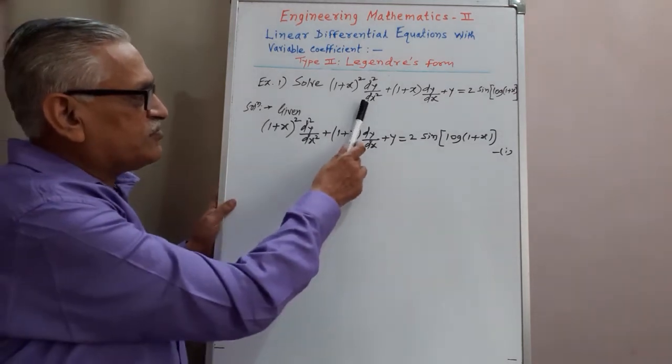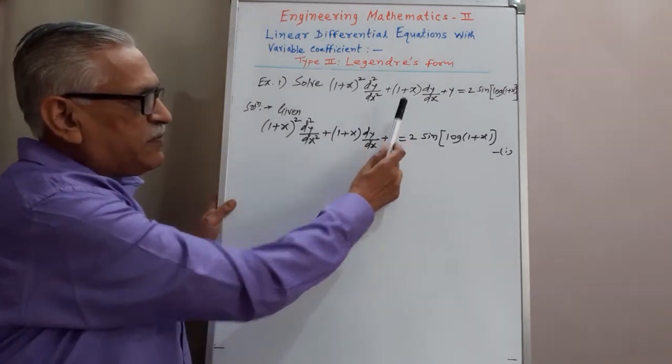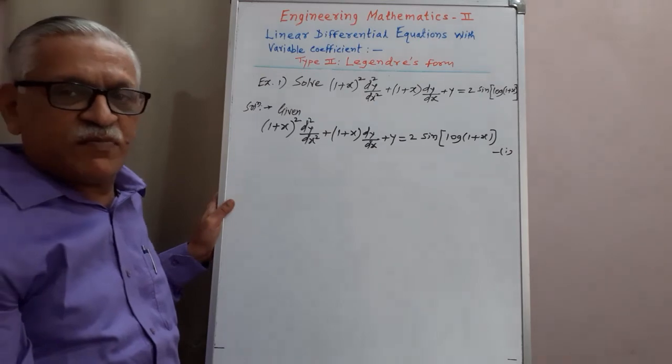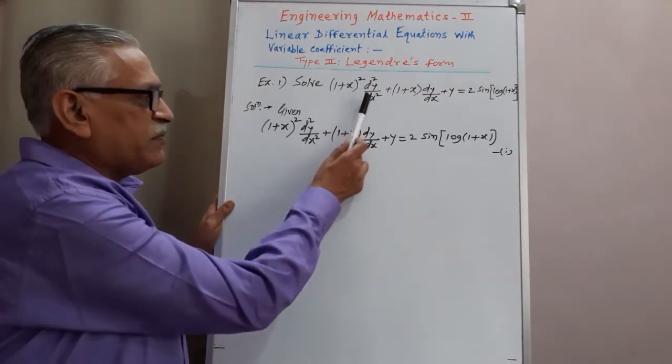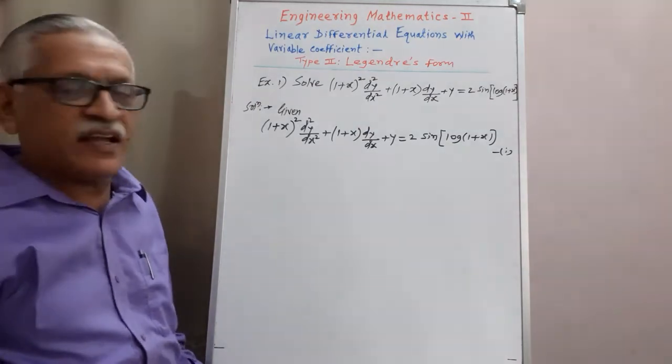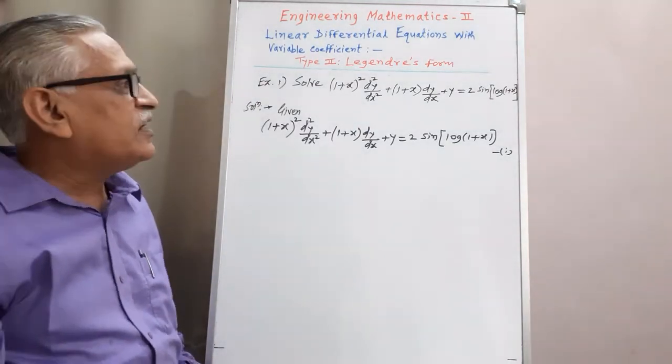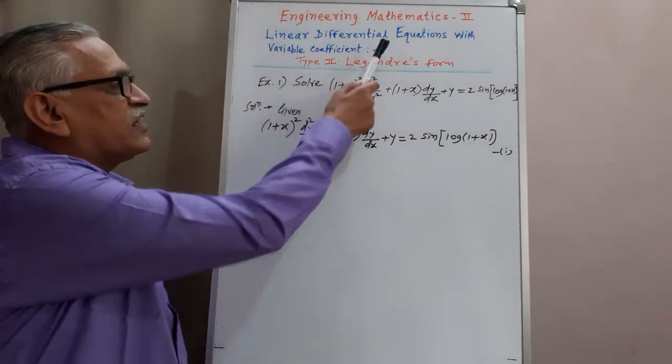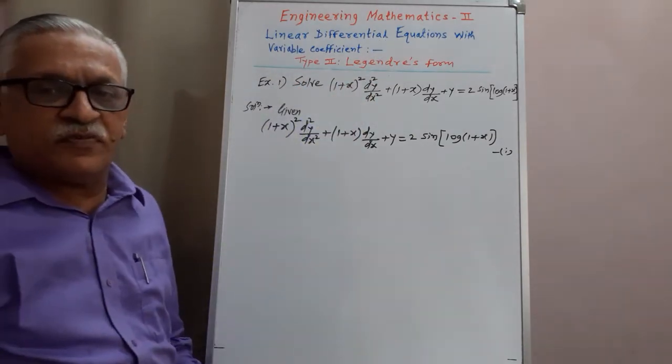If we observe, dy/dx is multiplied by the term 1+x, a variable coefficient. d2y/dx^2 is multiplied by (1+x)^2, again a variable coefficient. Therefore, it is a linear differential equation with variable coefficients.